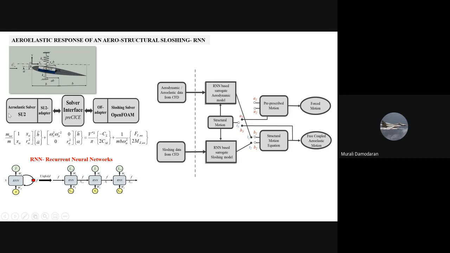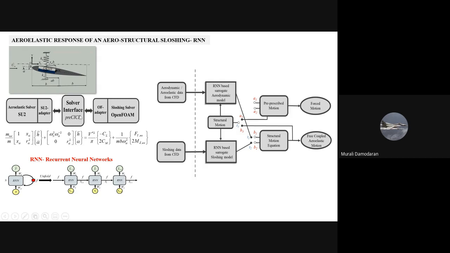We use an aeroelastic solver, SU2, for the external aerodynamics, and an OpenFOAM solver for the sloshing that is inside. And we make these two things talk through an interface called preCICE.